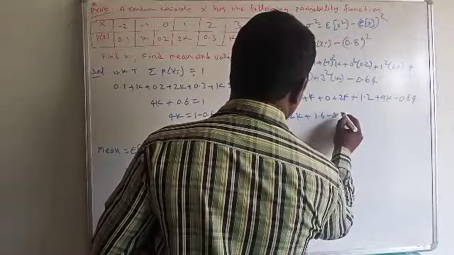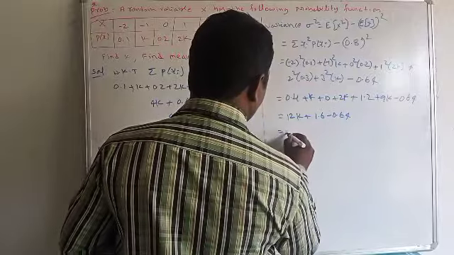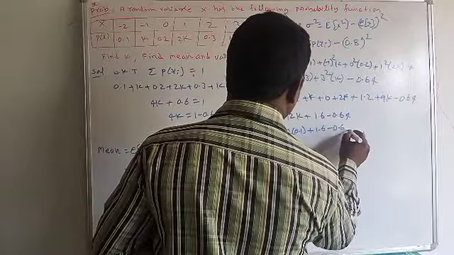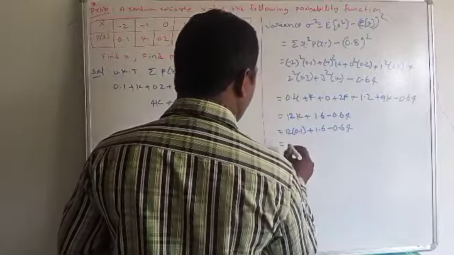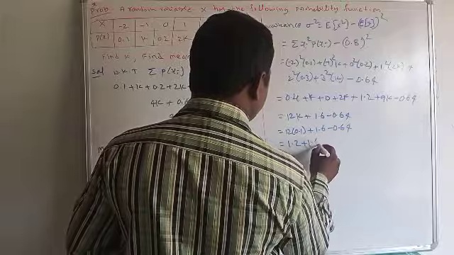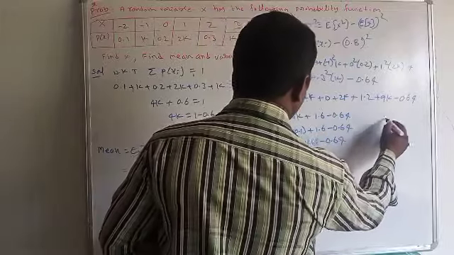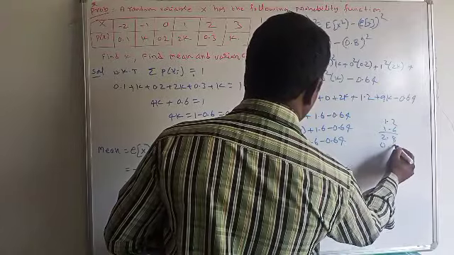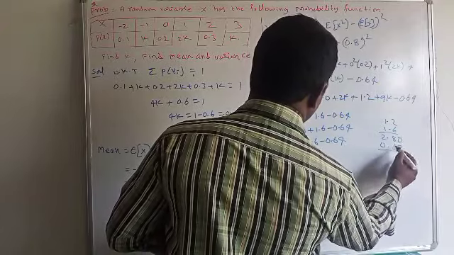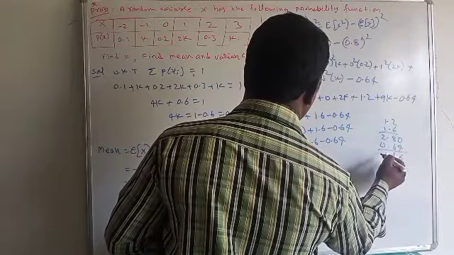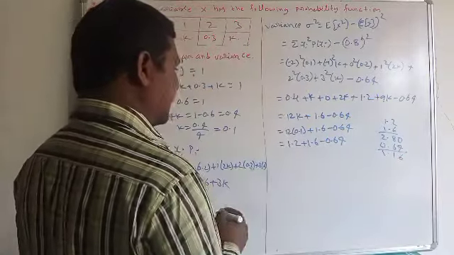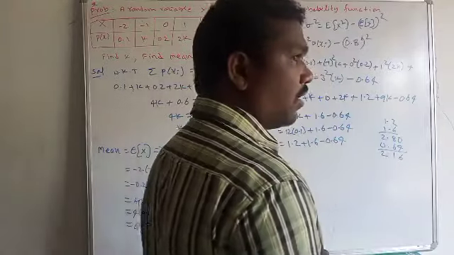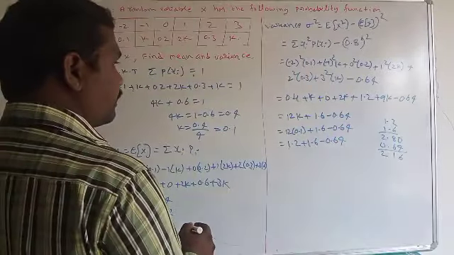So 12k is 12 into 0.1, which is 1.2, plus 1.6 minus 0.64. 1.2 plus 1.6 is 2.8, and subtracting 0.64 gives 2.16.